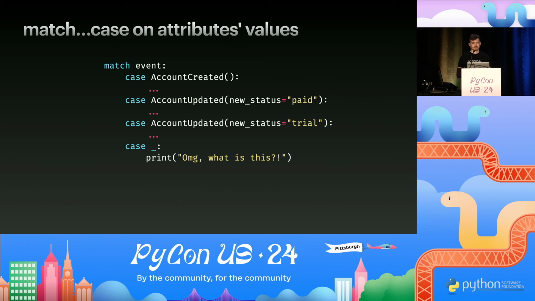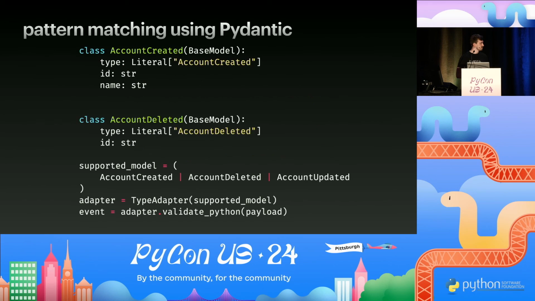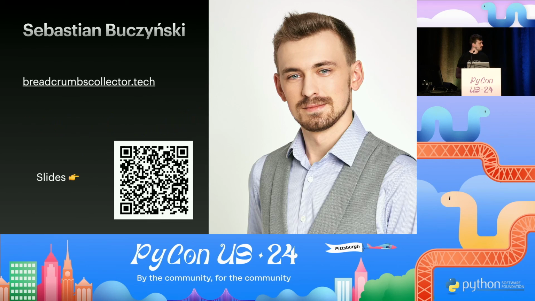I have a question. I've been using Pydantic a lot for one of our projects, and one of the things I've struggled with is that we have some nested data models. For example, account created and account updated are used within another model, and that's parsed in Pydantic from JSON.